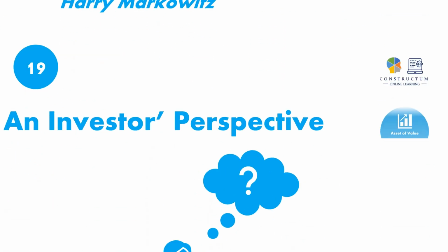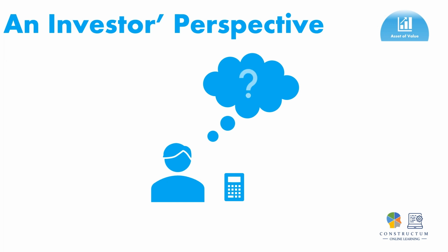As an entrepreneur aspiring to build a business into an asset of value, you must understand how prospective investors will decide on how much they will be willing to pay for an ownership stake in your business.